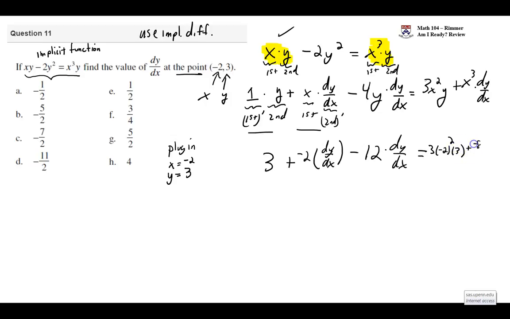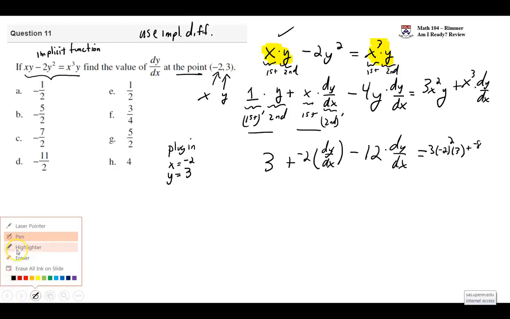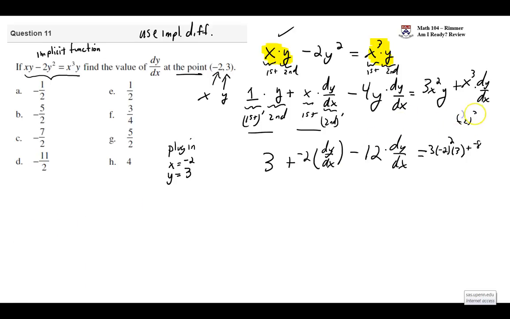Then we have a -2 who gets cubed. Sorry, that's not right. Oh yeah, that is right. Yep, that is right. Sorry, doubting myself. -2 who gets cubed, and then a dy dx again.